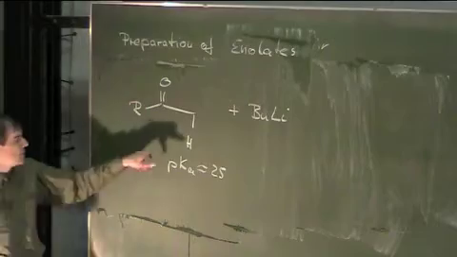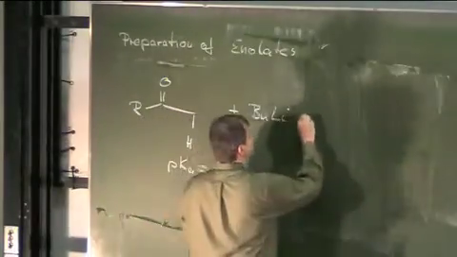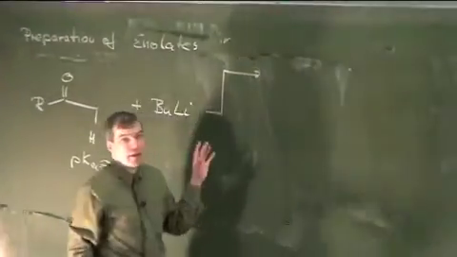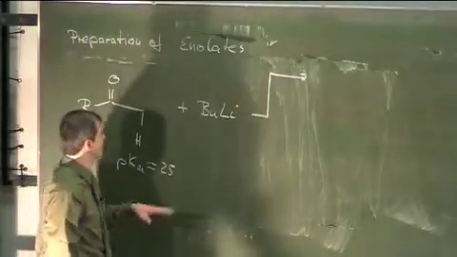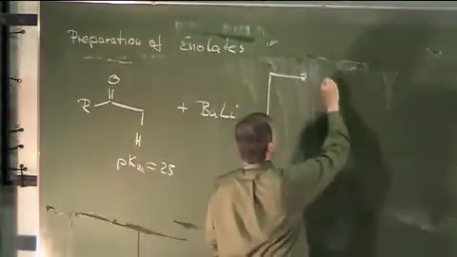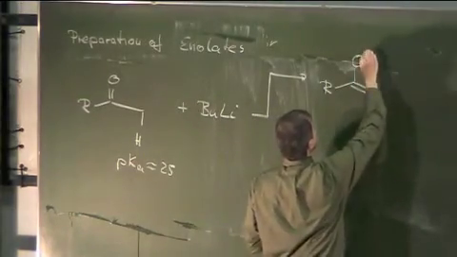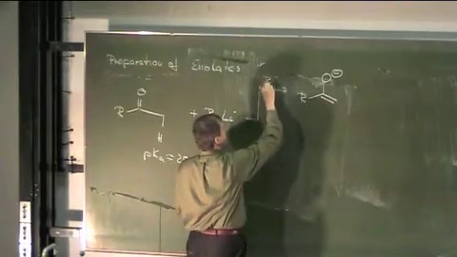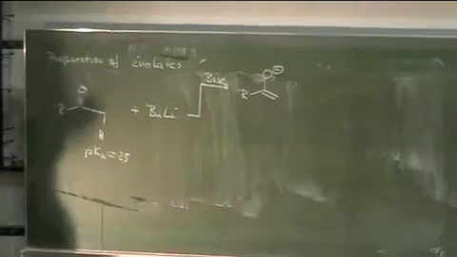So this should be readily deprotonated by a compound like butyllithium, where butane, the corresponding alkane, has a pKa of roughly 50. And so butyllithium as a base should react this way easily.